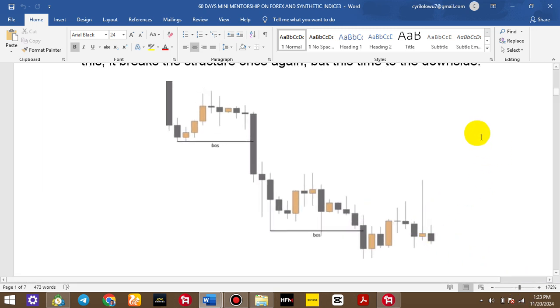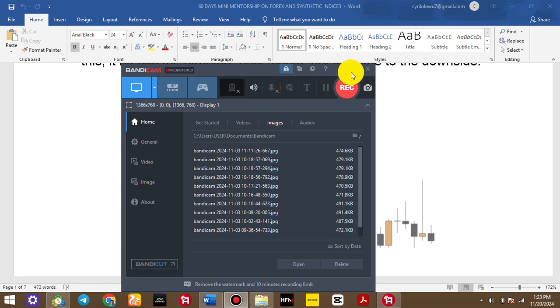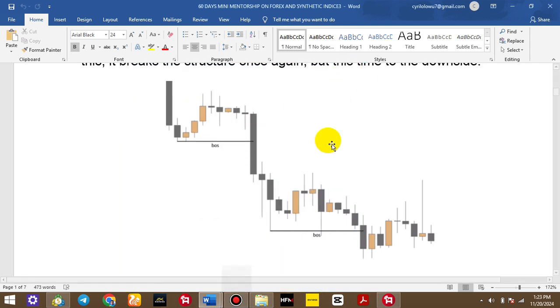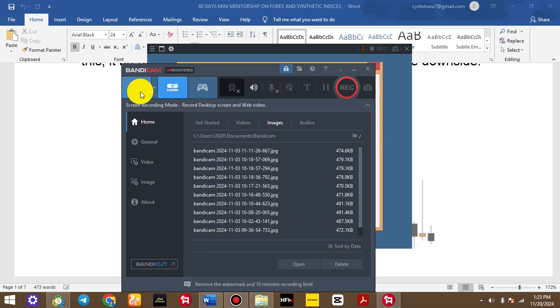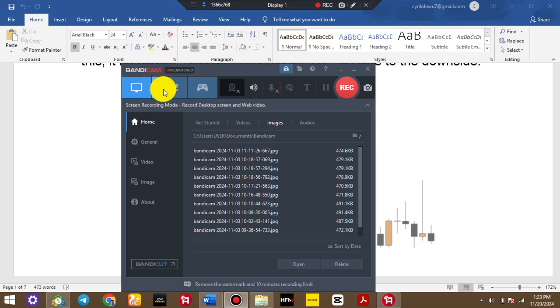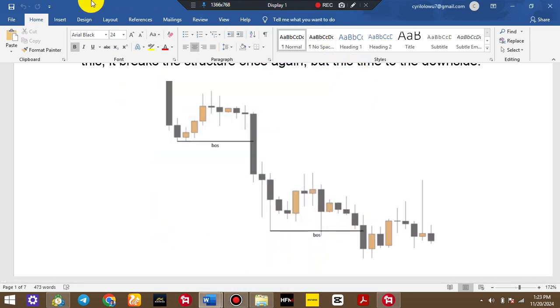When you look at this chart very well, what you notice here is that price is making a series of lows.